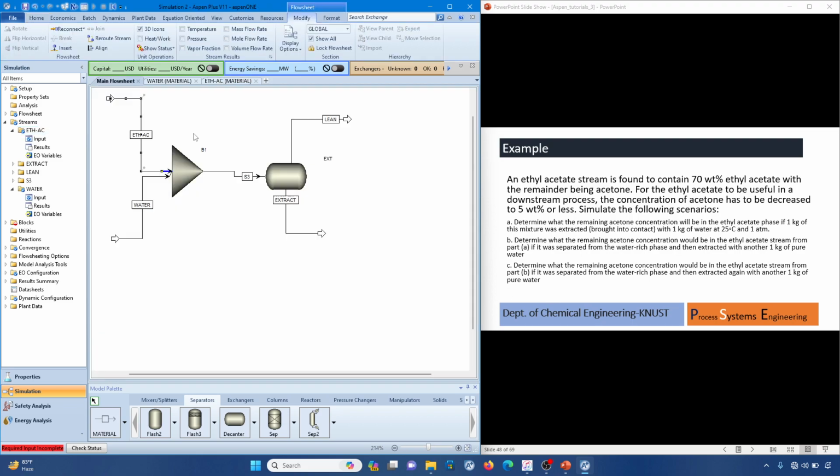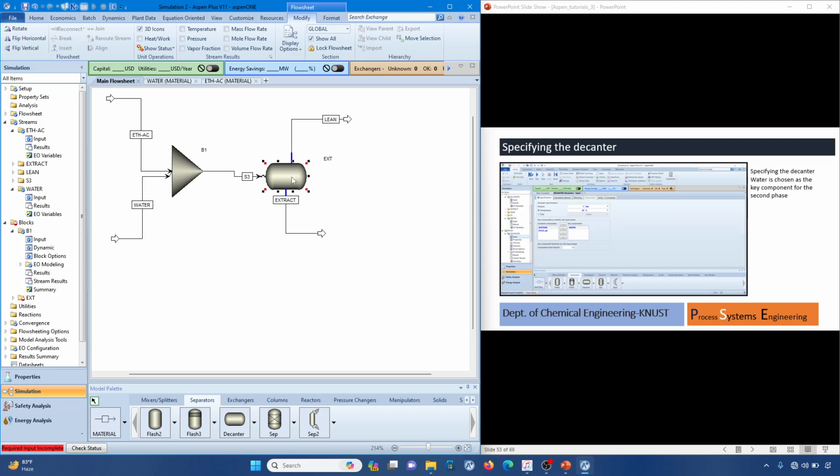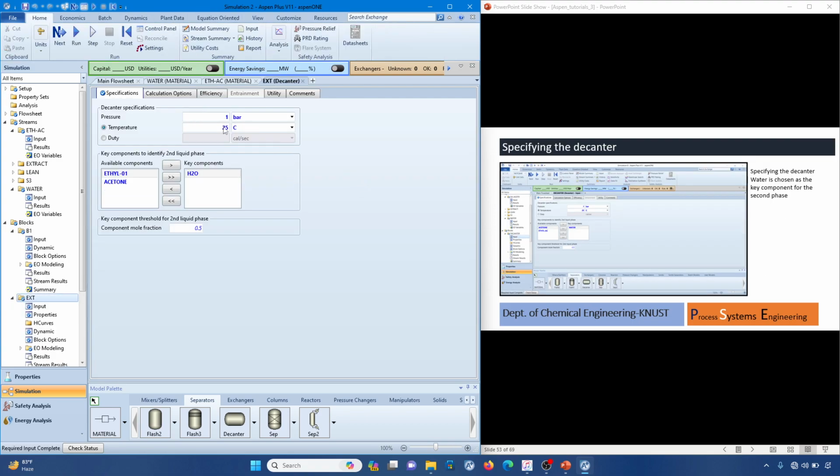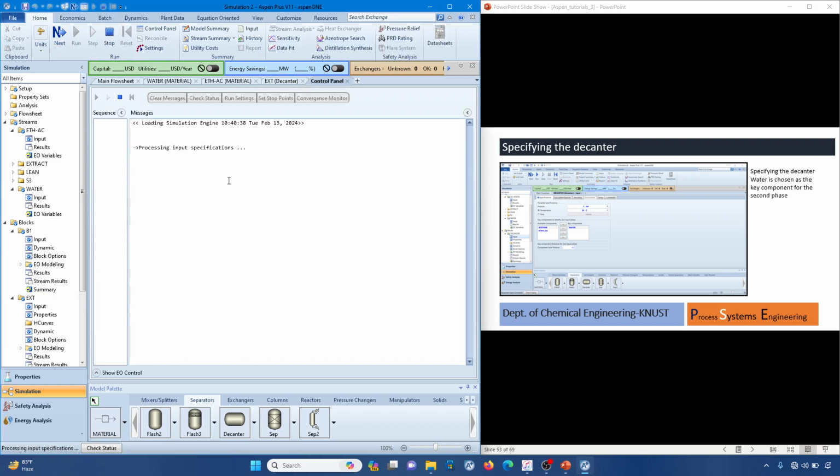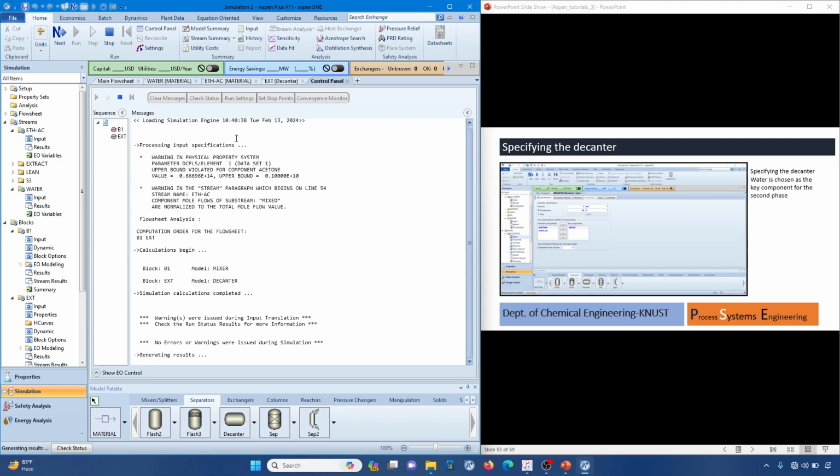We go to our decanter and we choose the key component for the second liquid phase to be water. It's the extract phase. And we run our simulation.